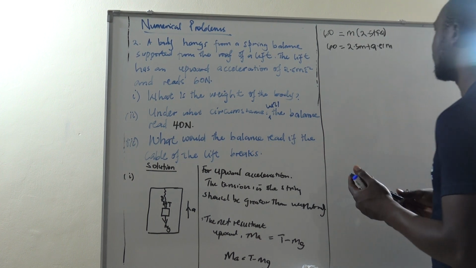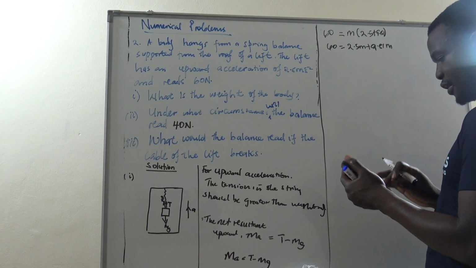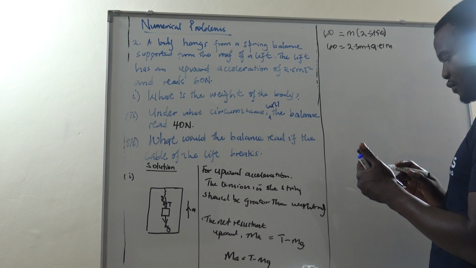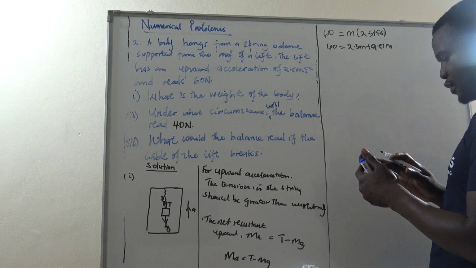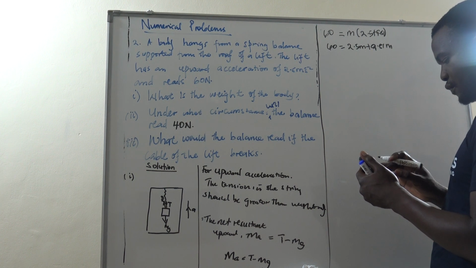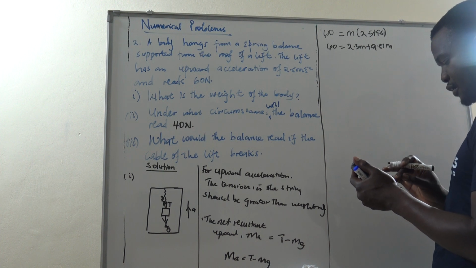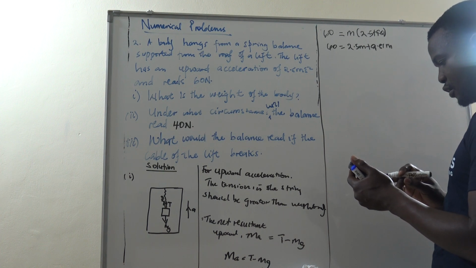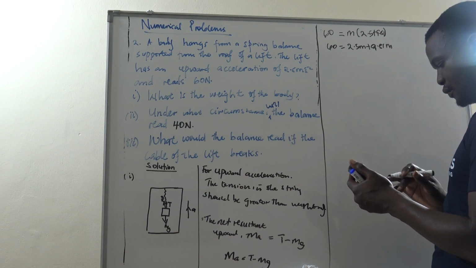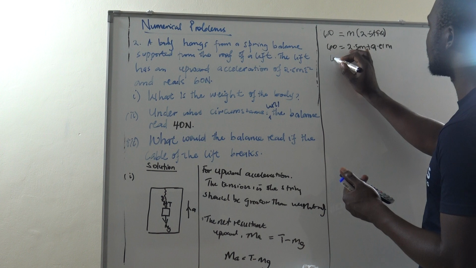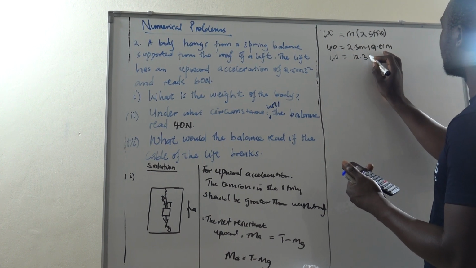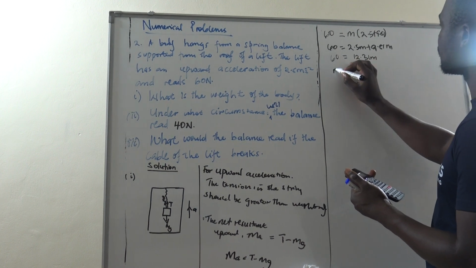We get our calculators. 2.5 plus 9.81 gives 12.31, so 60 is equal to 12.31m.